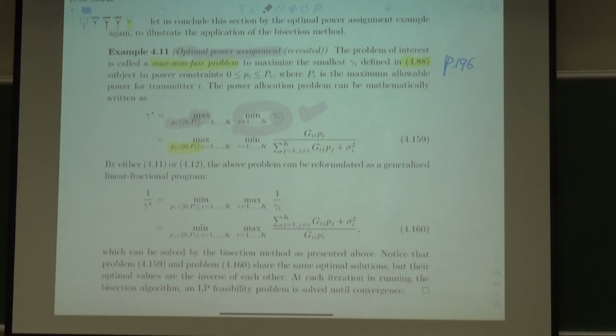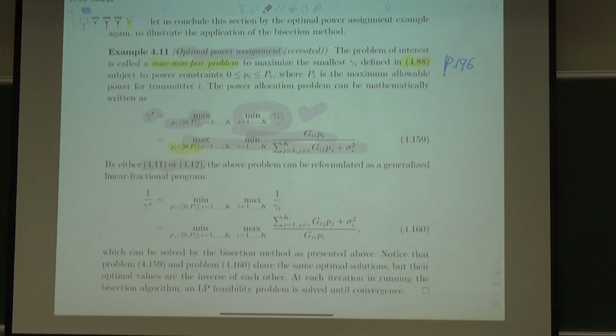You can apply this equivalent transformation, 4.11 and 4.12, and this problem turns out to be given by this maximum. This maximum turns out to be max min, like this.